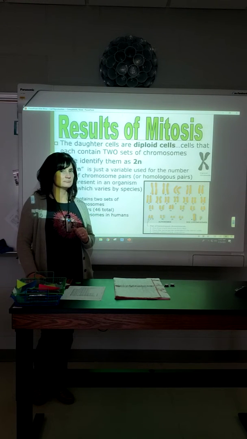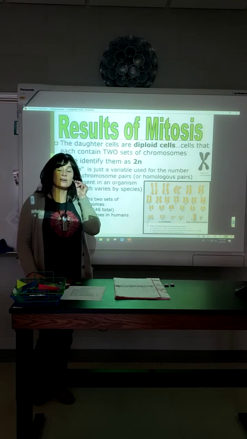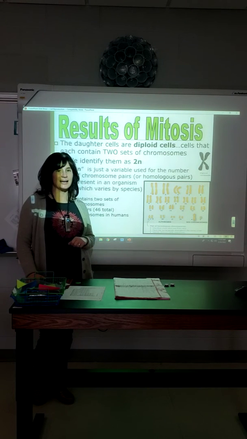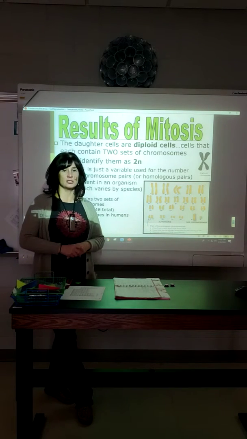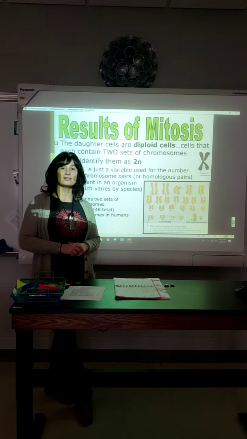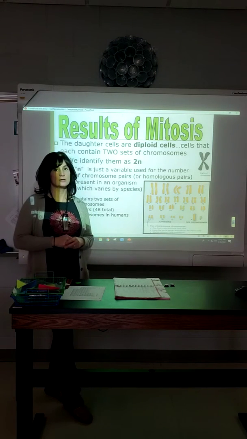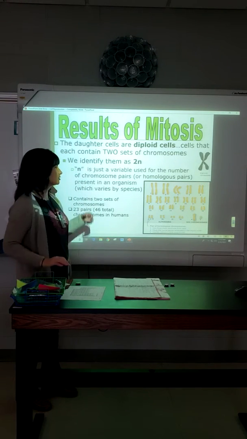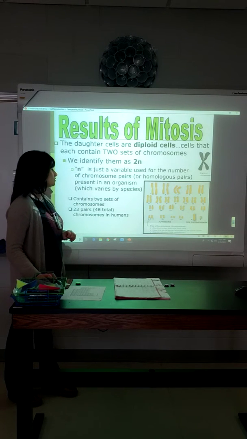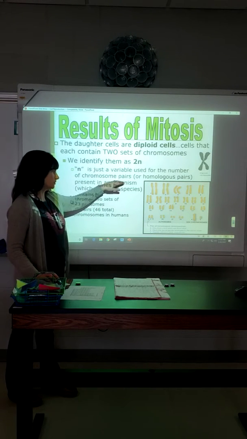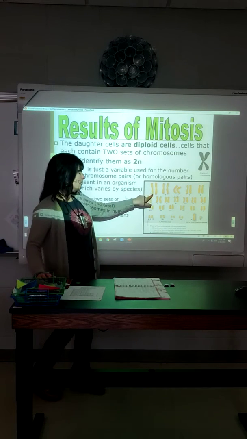Usually people say earrings, shoes, socks, a pair of pants because you have two spots, one for each leg, a pair of glasses because you have two eyeballs. So the N is just the number used for the number of chromosome pairs. So here is a pair.